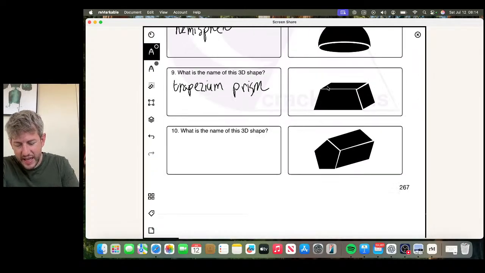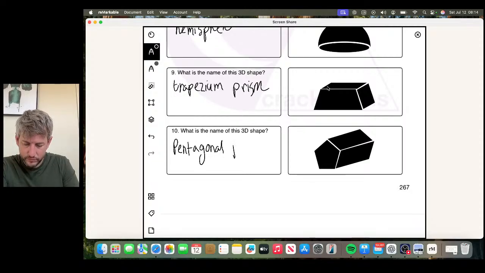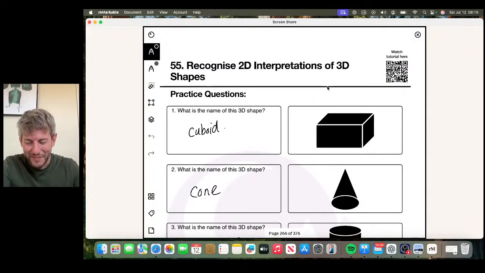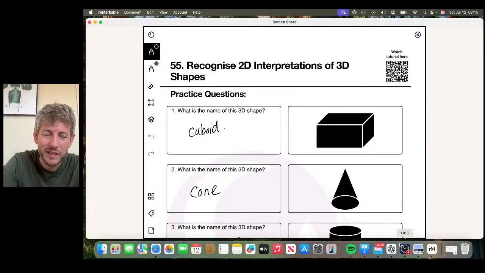And this is a pentagonal prism. What a delight! That was 55. I feel foolish now for not squeezing these into the last one. Okay, right. Anyway, so let's get these marked.